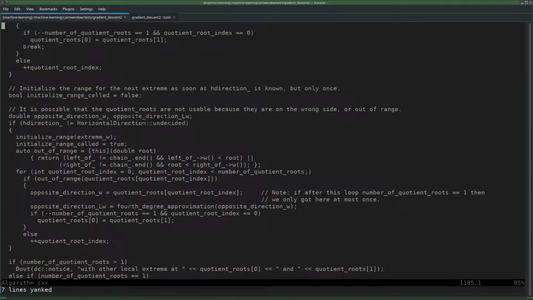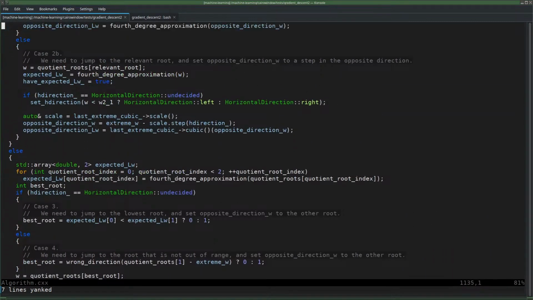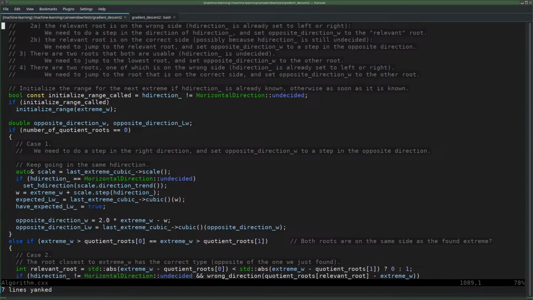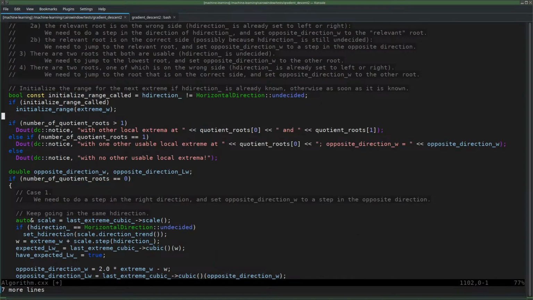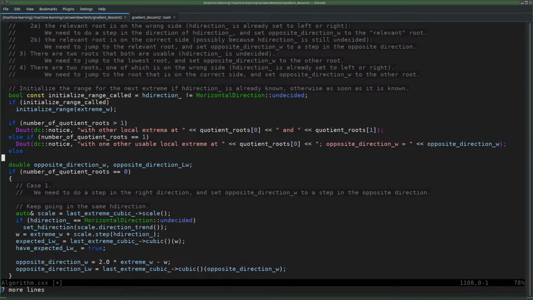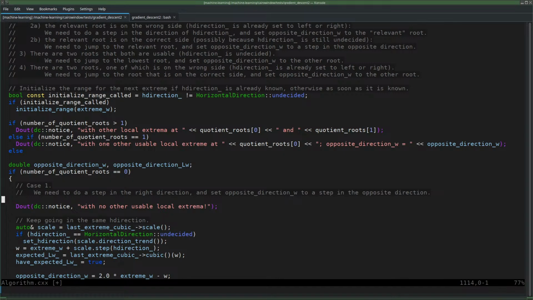I don't have to scroll up and down all the time. This is like really not other. Yeah, it is other actually.